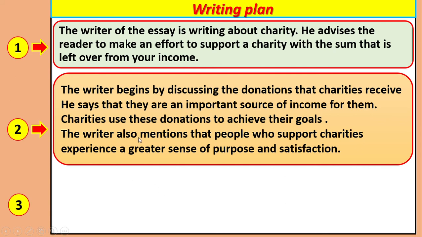The writer also mentioned that the people who support charities experience a greater sense of purpose, excellence, and satisfaction. Is that clear? So again, in this part, we summarize the main idea of each paragraph. I have in my text here 4 paragraphs. I tried in the second part to summarize the main idea for each paragraph using my own words.